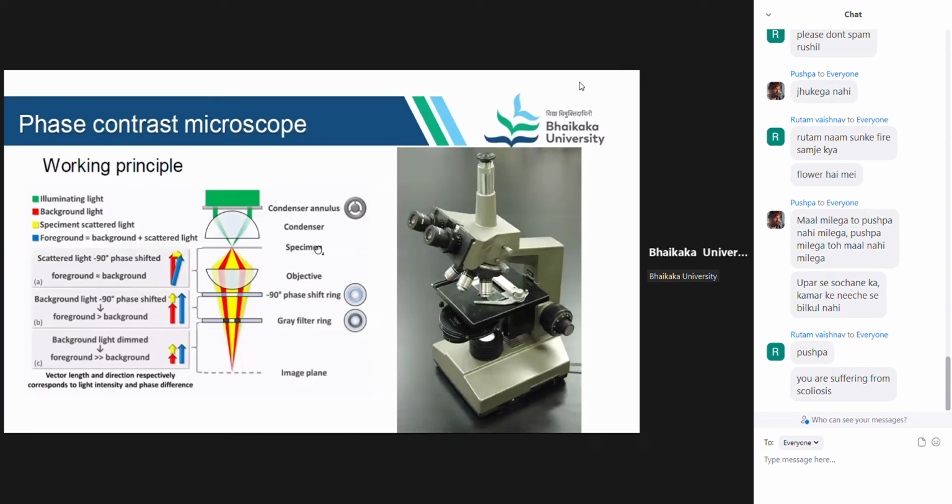two types of annuli are used in phase contrast. One is the condenser annulus, which obstructs light and allows it to pass through a small annulus, and another is a gray ring, where we can see that this gray dark ring does not allow the light to pass, but the other area allows the light to pass, so that the phase contrast will be created.